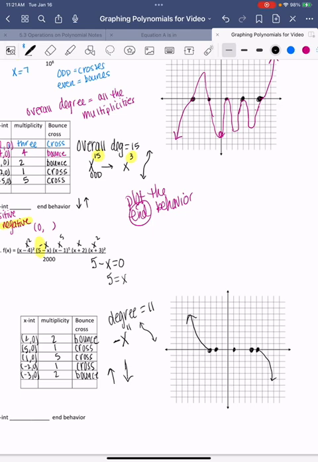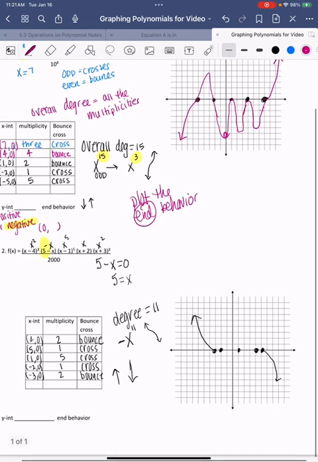And then I'm going to look at my y-intercept. Okay, my y-intercept, if you plug in 0 for x, 5 minus x is going to be a positive 5. X minus 1 to the 5th, that's going to be a negative.